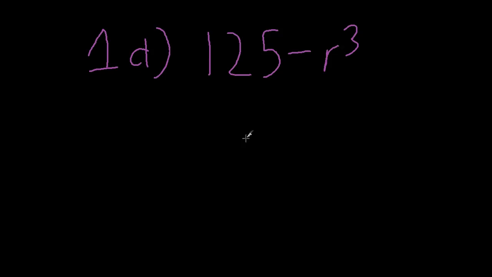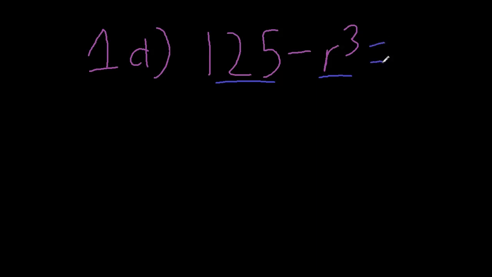Okay, we're going to be starting with problem 1D, which you can find on page 10 in assignment 5. The problem says 125 minus r cubed. So I already see a cube here, but I also want to see this number expressed as a number to the third power, a number cubed.